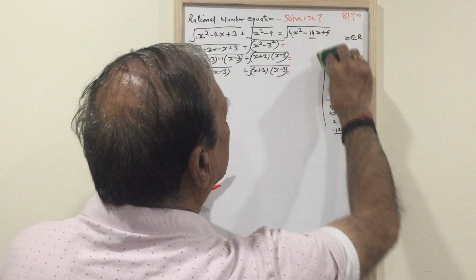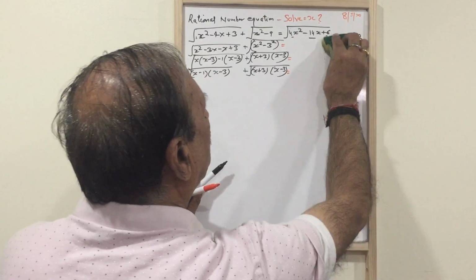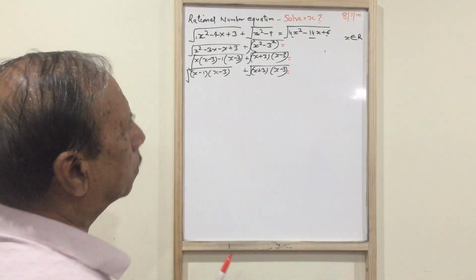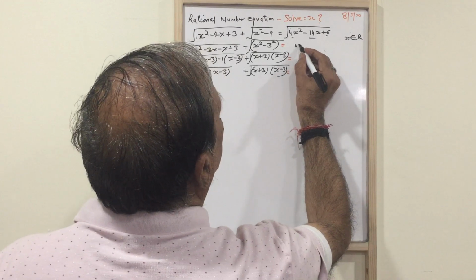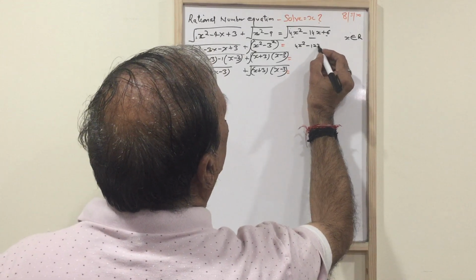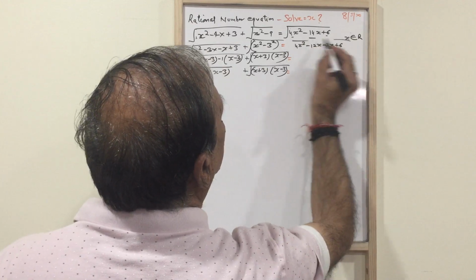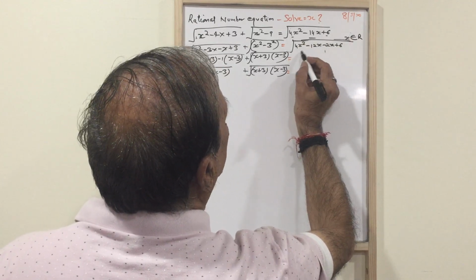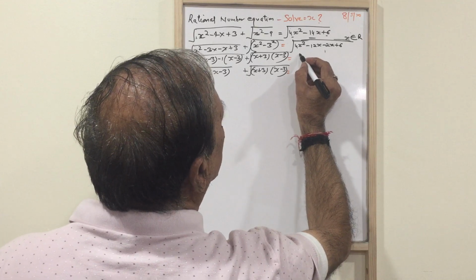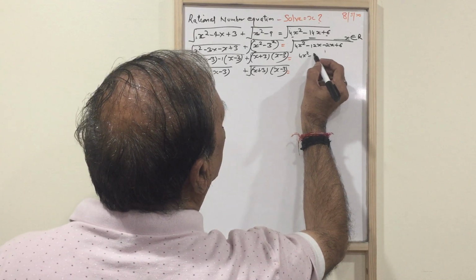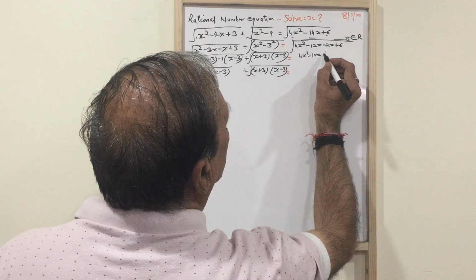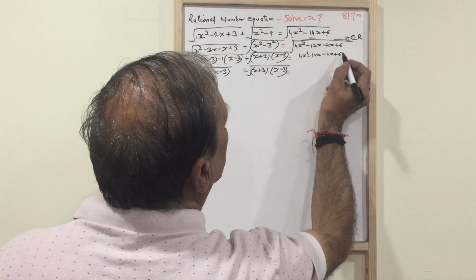I'll erase this because space is less. This is 4x square minus 12x minus 2x plus 6. From this we'll pair out: 4x square minus 12x, and minus 2x plus 6.